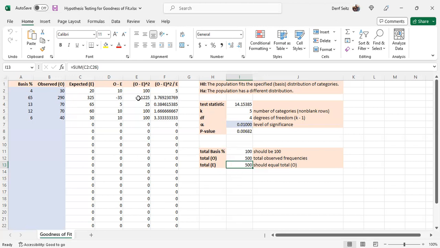Check those out to make sure everything was done correctly, and then do your test. The p-value is smaller than the level of significance, which means there is significant evidence at the 1% level of significance to reject the null hypothesis and to decide at that level of significance that the population has a different distribution than the basis population.